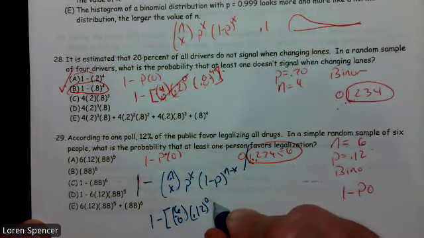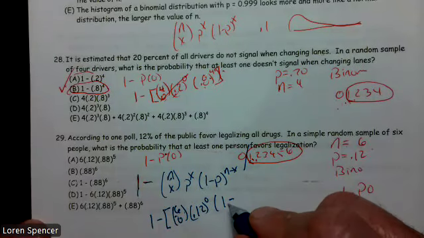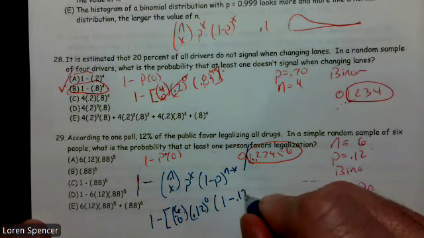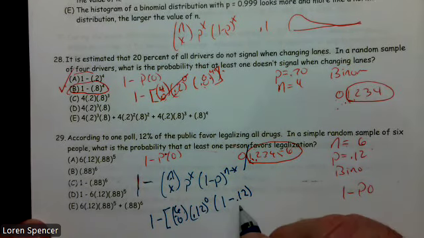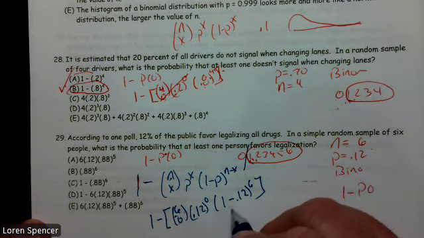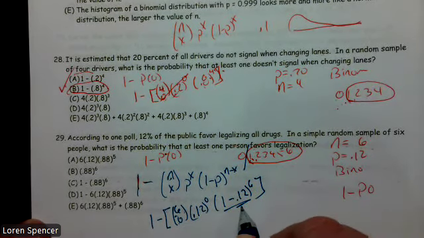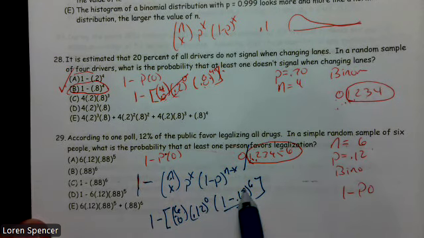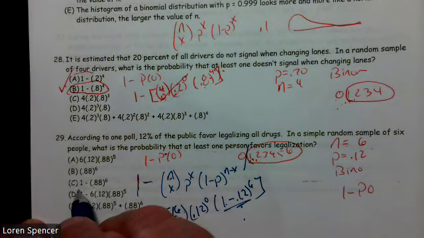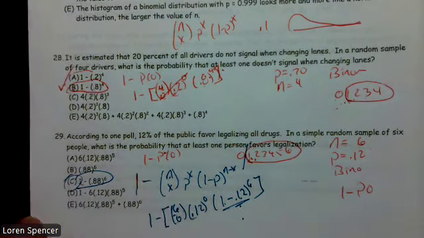Oh, this part's going to go to 1. And then 1 minus 0.12 to the 6 minus 0 is 6. So what am I looking for is the 0.88. Well, the one with 0.88 to the 6th power, because 1 minus 0.12 is 0.88. That's that one. Answer choice is C.